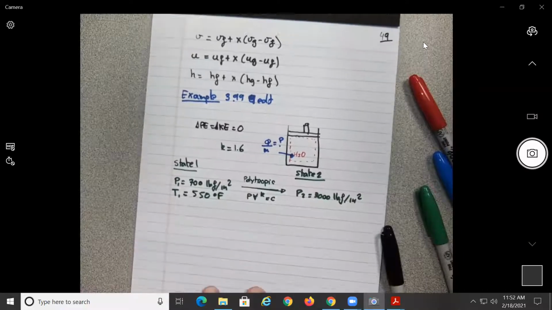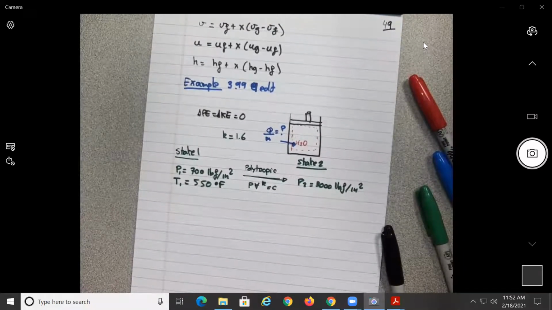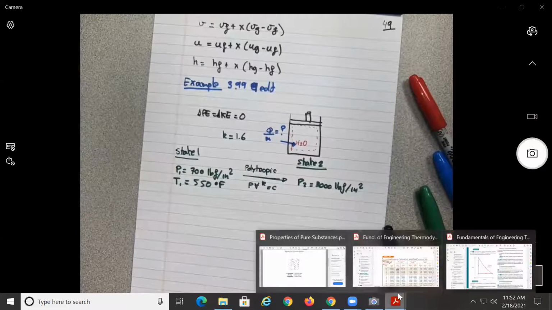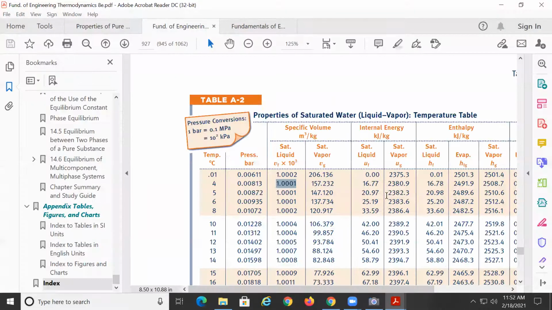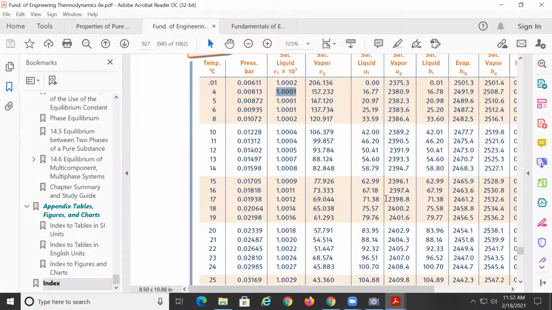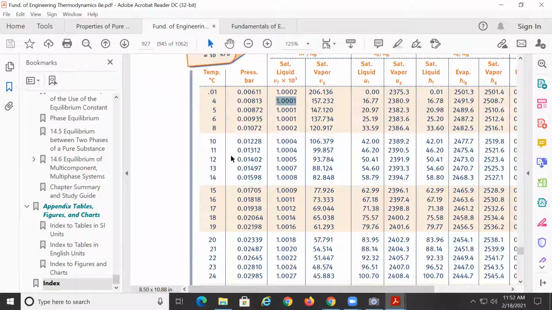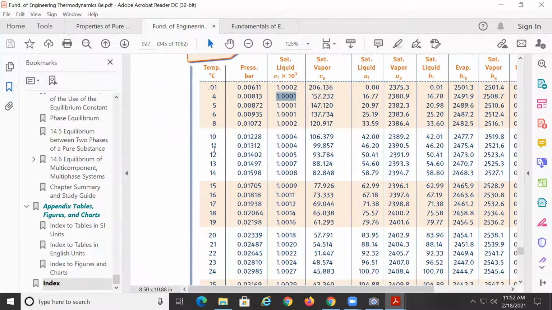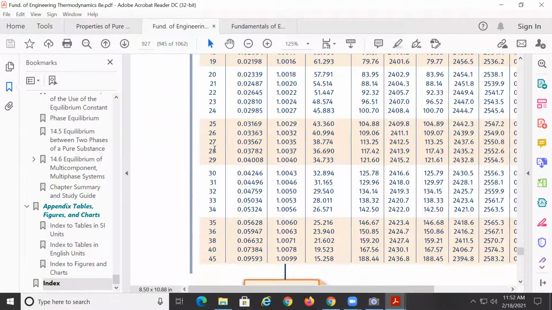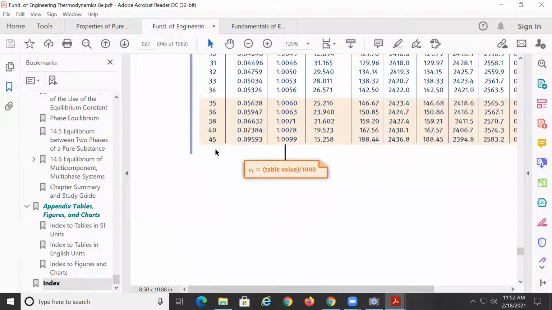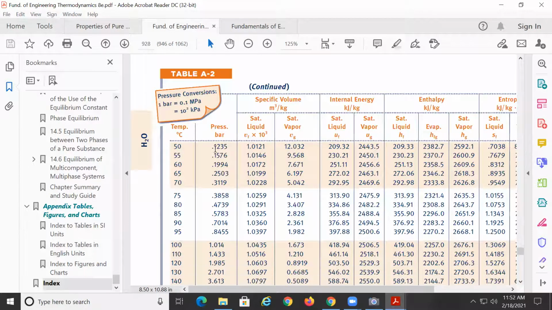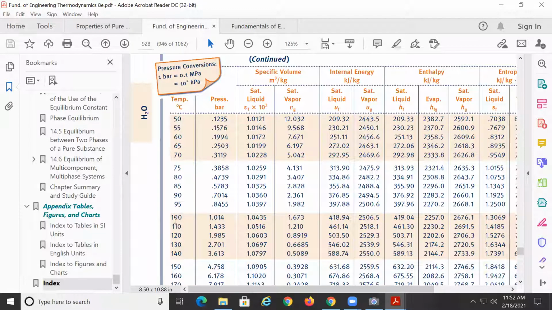Before we start this problem, there's something I wanted to do before, I just forgot. Let's say we go to this table here. This is table A2, that's not what I want. This is the temperature. Basically, what is the value at which the water will be saturated before it becomes vapor? It will be 100, no? What is the pressure? This is 1.014, very close to 1 atmosphere.